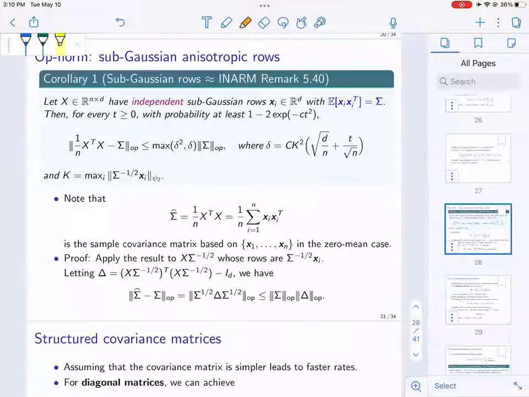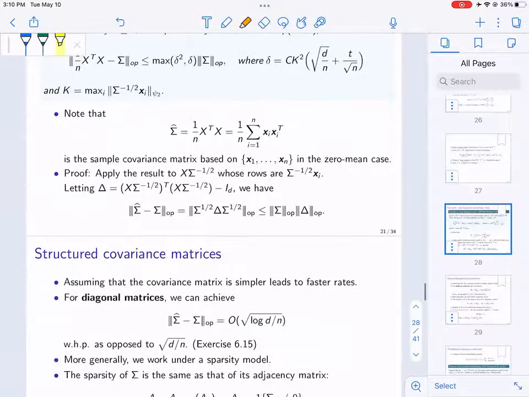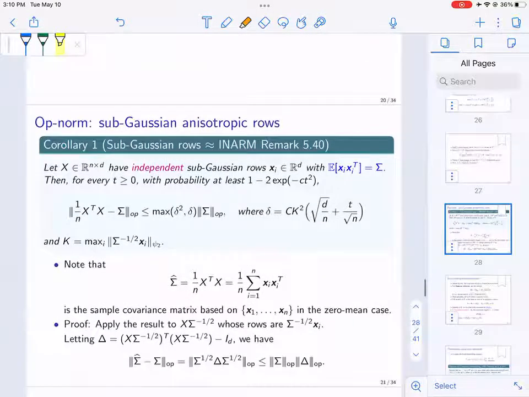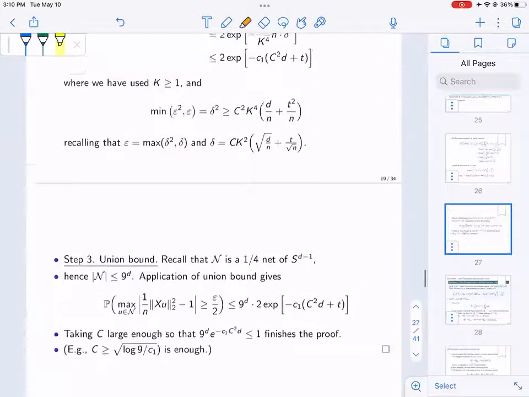So the K squared that we get here is this. Sometimes this is better. Other times the other one is better. So it's not exactly the same as the previous result, but it's proven by the same techniques. Something like this, you should be able to prove yourself. You can reduce the problem to the whitened case and then apply this result.